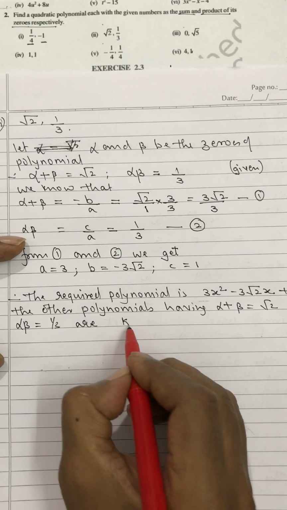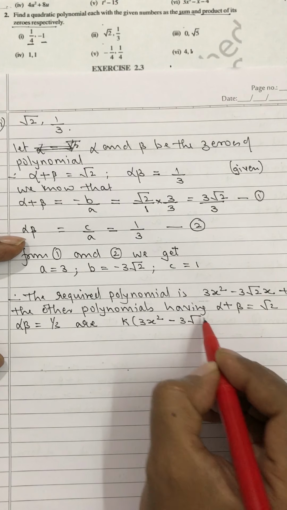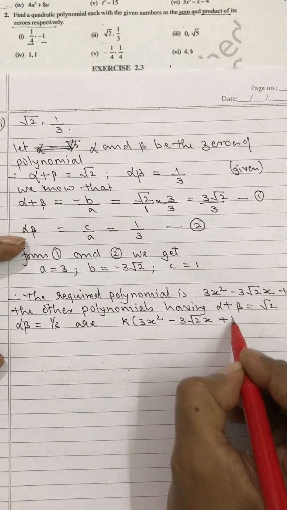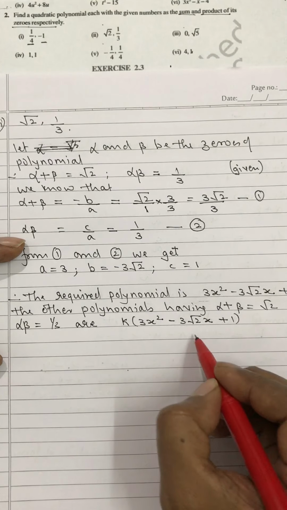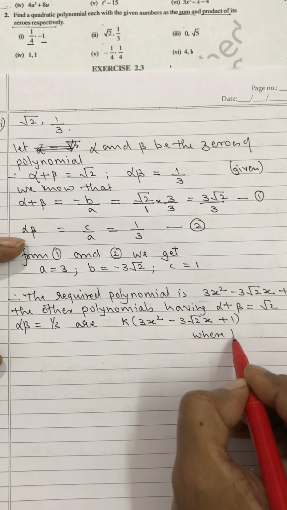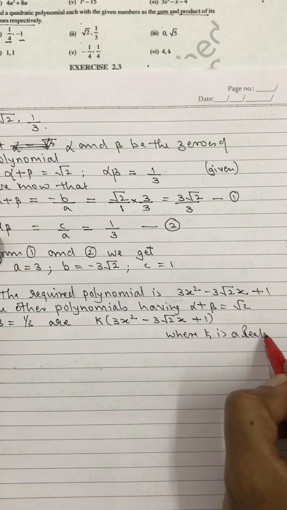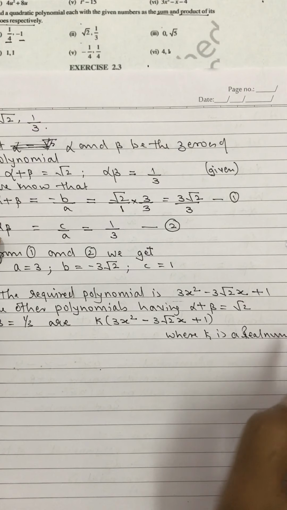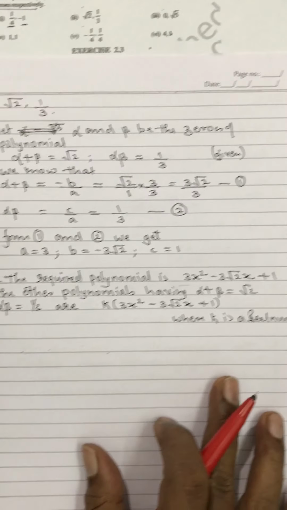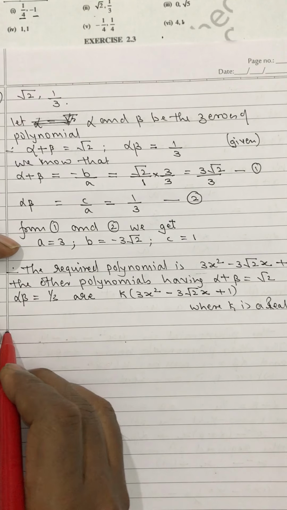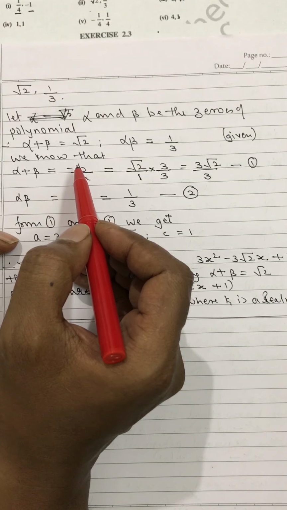What are they? k into that polynomial, where k is a real number. Okay, any real number. So this is one, we have got it. And if we want to do it in the other method, up to here the things will be the same.